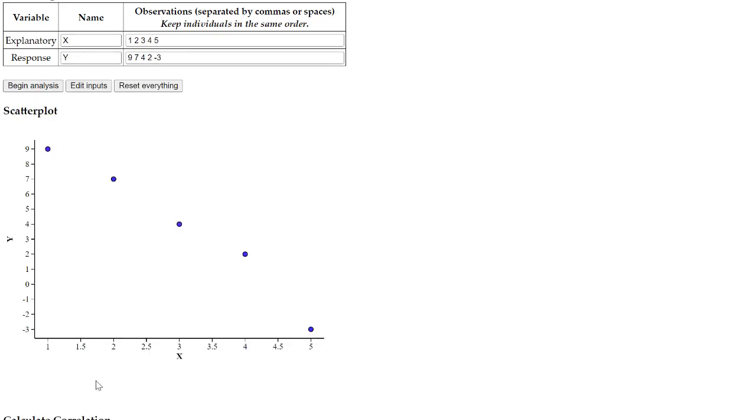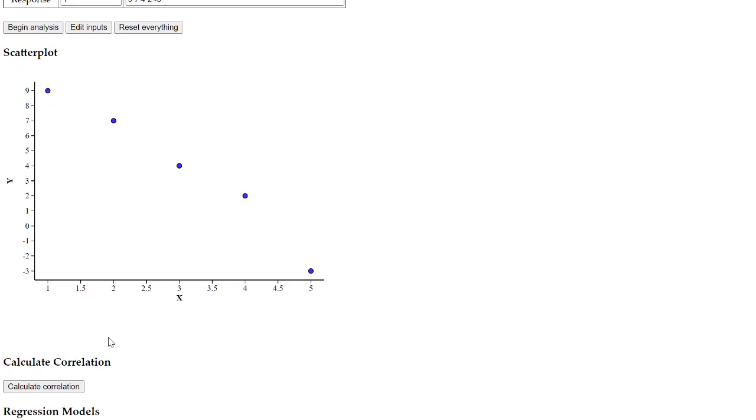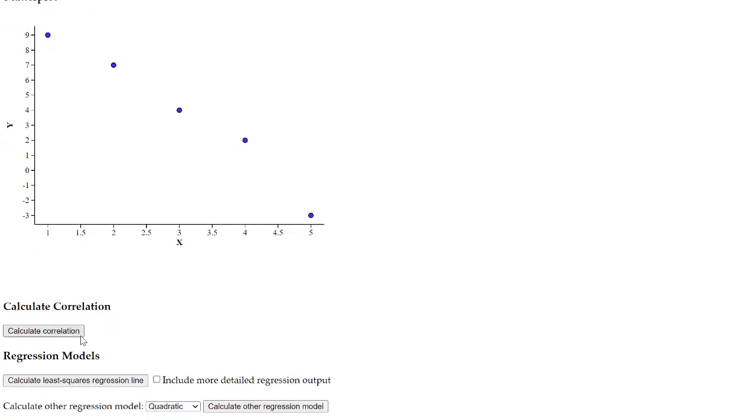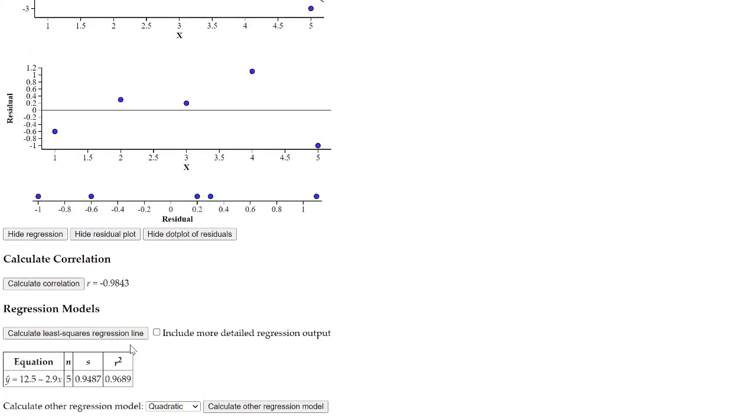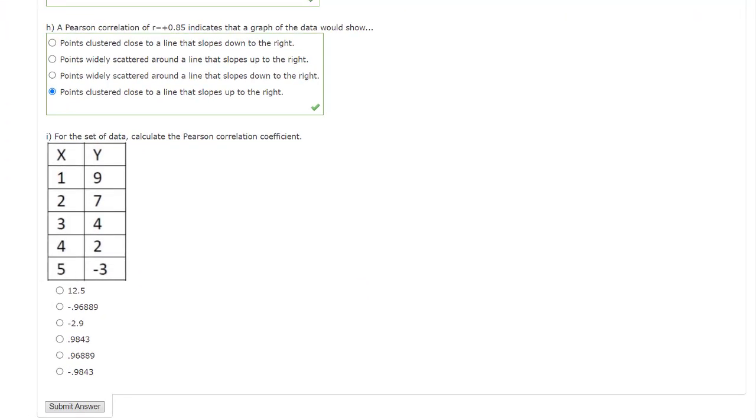And they want the Pearson correlation coefficient. So basically, there it is, negative 0.983. Now, if I calculate the least squares regression model, then you also get r squared. And the reason I have that is I always keep thinking the Pearson is the r squared.